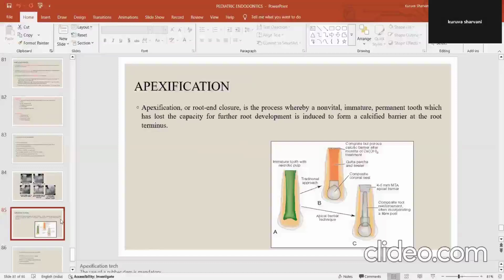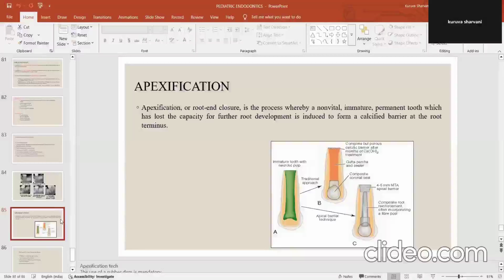Coming to apexification, here it is non-vital teeth. There is a lot of difference between apexogenesis, where you are working on vital teeth, and apexification, non-vital teeth, but the similarity is both have open-end roots.